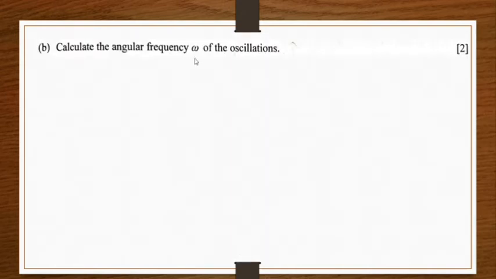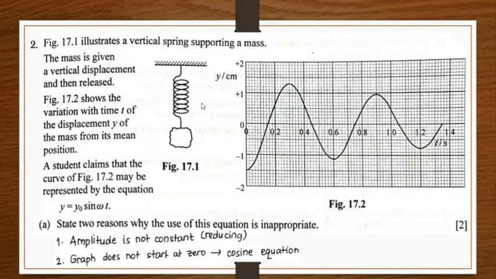Calculate the angular frequency omega of the oscillations. We can see from the graph the period of the oscillation. This consists of 2 oscillations, and 2 oscillations is 1.2 seconds.